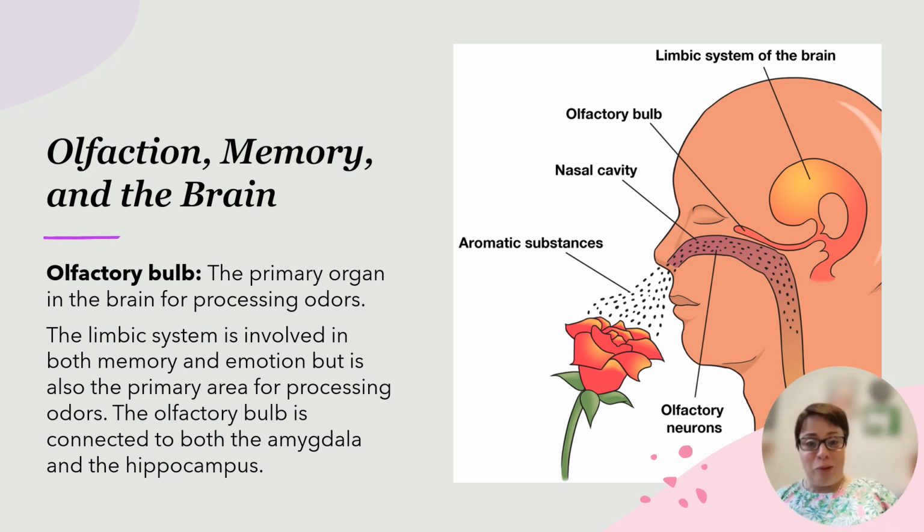So many people report associations between a particular scent or perfume, like cologne, with a particular maybe boyfriend or girlfriend or a relationship that you've had from years ago, right?